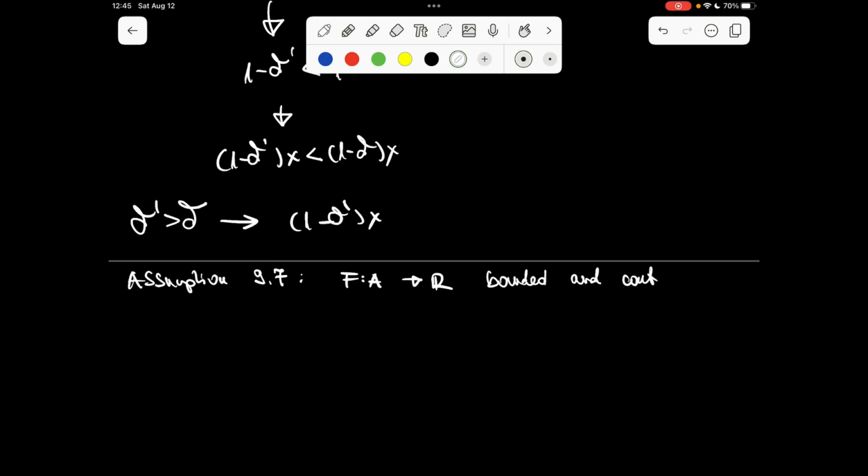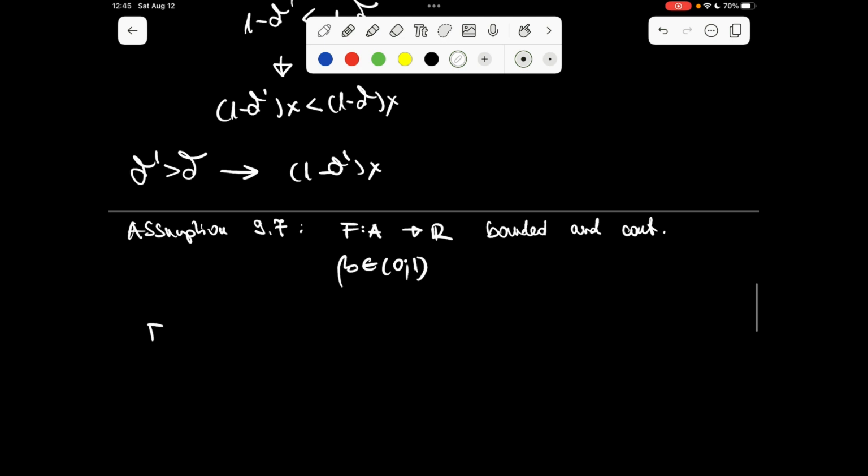So this is what we need to show, and the discount factor falls between 0 and 1. Okay, so let's do this in turn. We have the one period return function in this form.